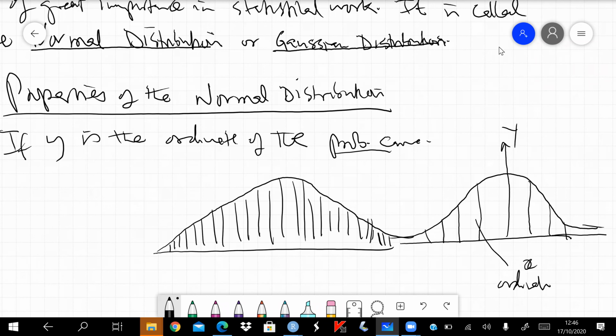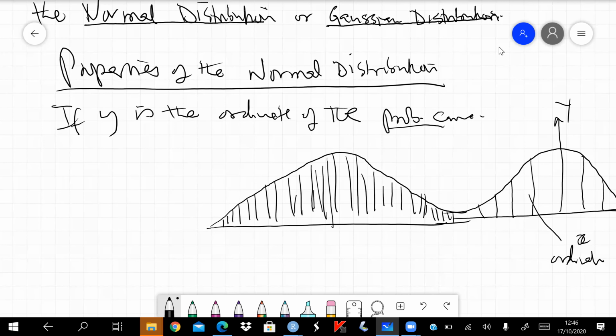So if we have so many of them, we're able to get a smooth curve like that. So we can plot the curve of y using this function.